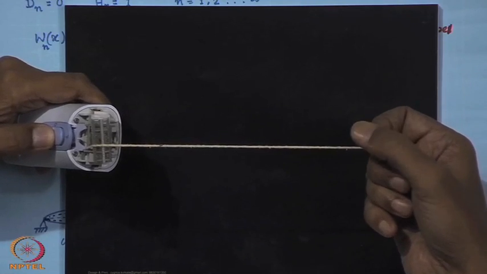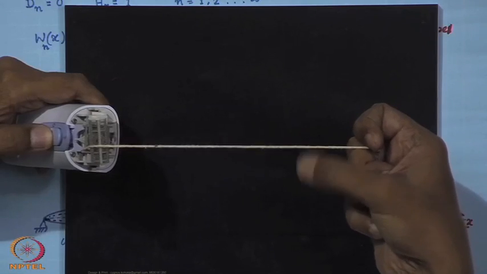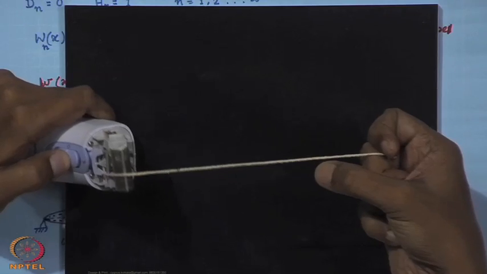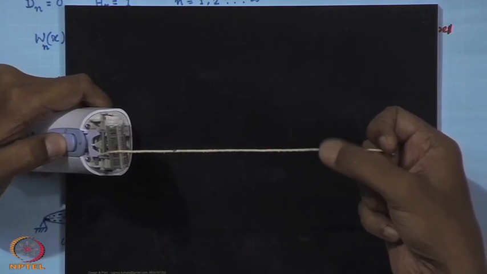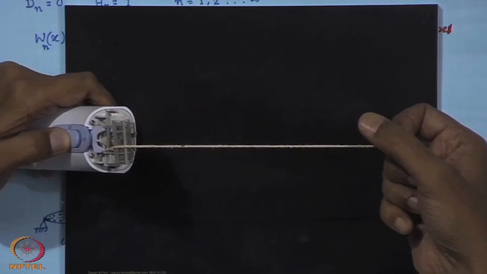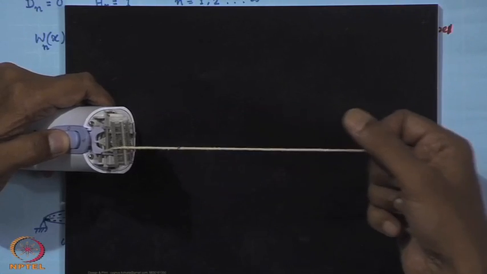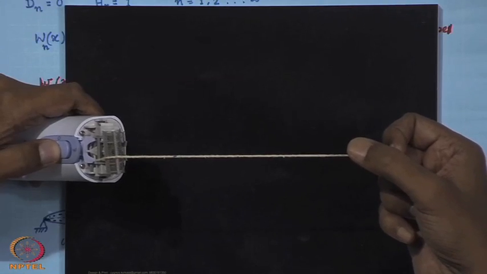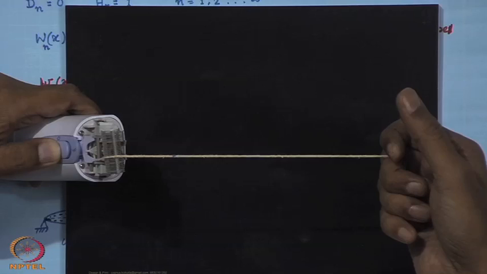Now, as I pluck the string, you see the motion ceases after some time. This is expected since all real systems have internal damping, but in our model that we have considered till now we do not have damping. So, to cancel the effect of damping I must have an exciter which must pump the same amount of energy that is being dissipated due to the internal damping in the string. Now, let us see.